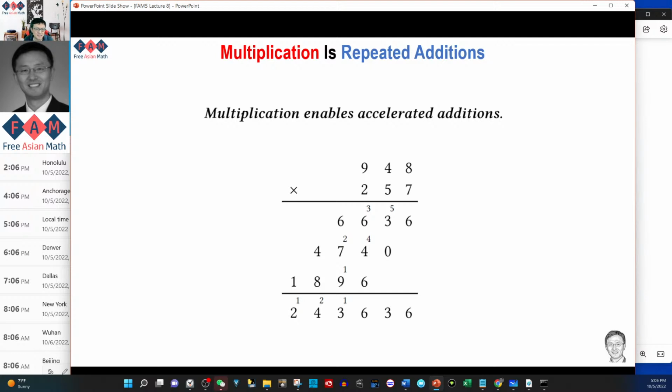Multiplication is really just fast counting or fast additions. So, just similar to the case where addition enables accelerated counting, multiplication enables accelerated additions.